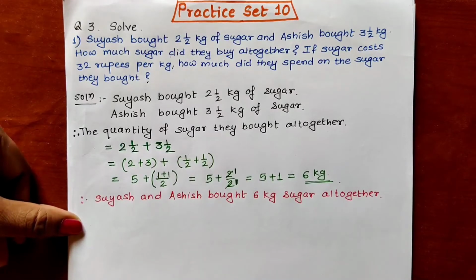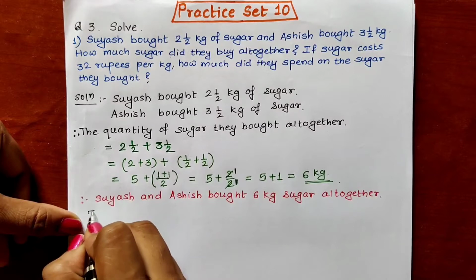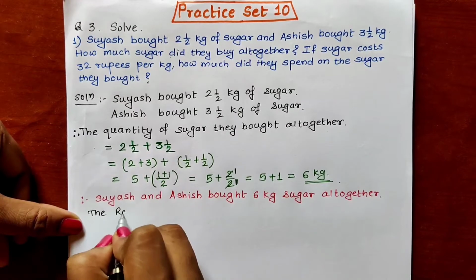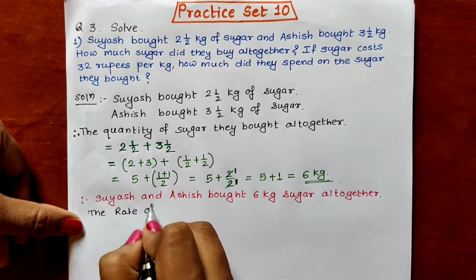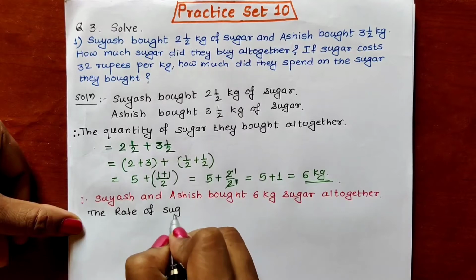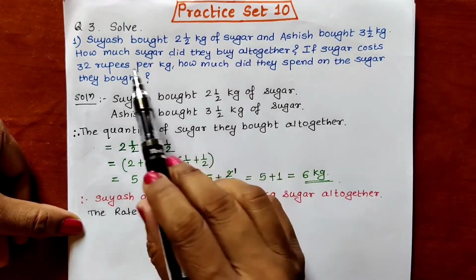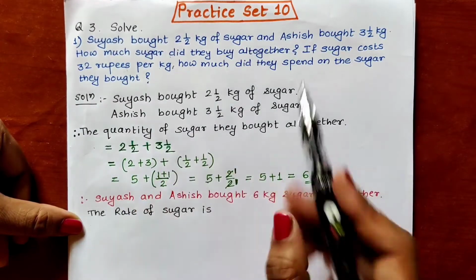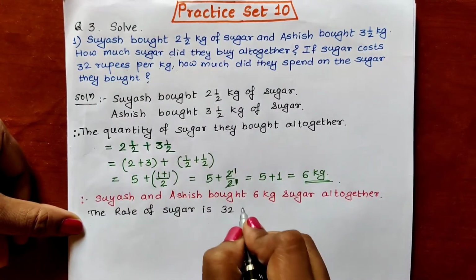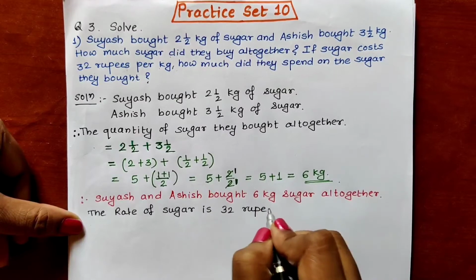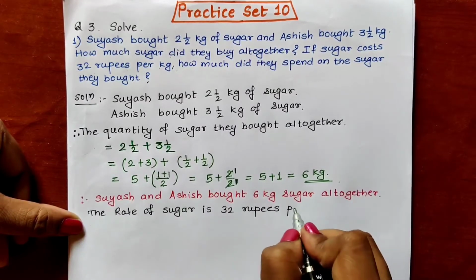Now next, the rate of sugar is, how much it is? 32 rupees per kg.